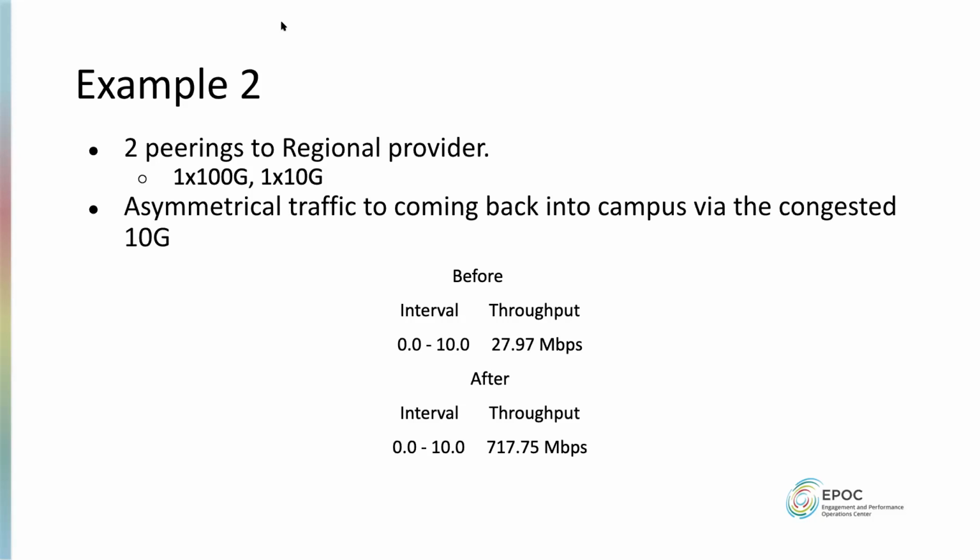Turned out that BGP hadn't been modified properly, or optimized, let's say, for the 100 gig fully, so they saw a number of different campuses and other DTNs sending data through that 10 gig, which unfortunately was congested at the time. And with a little bit of working with them, we saw, as you can see, their throughput for that specific file transfer jumped tremendously with a few tweaks to their BGP.